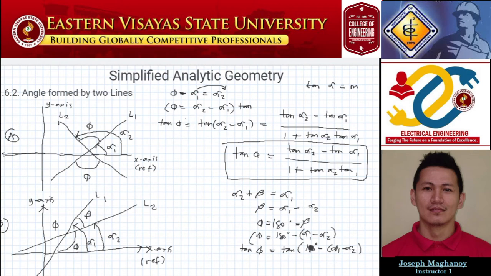Again by trigonometric identities, finally we can say that this is your tangent alpha 2 minus alpha 1.